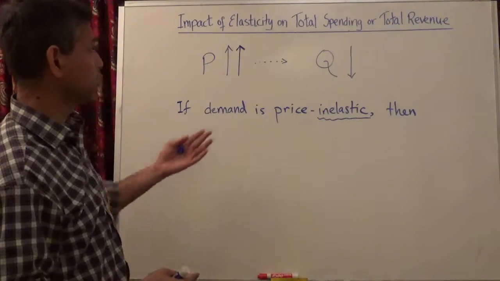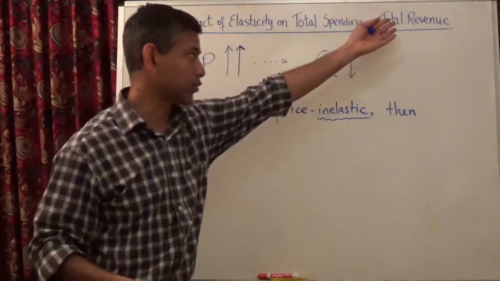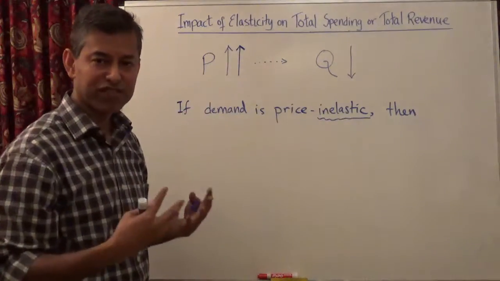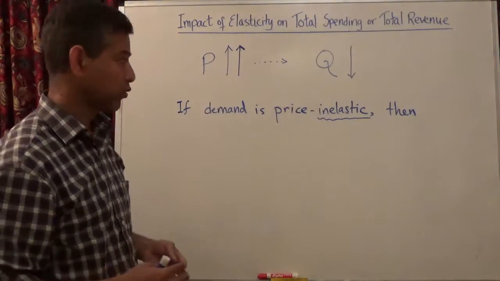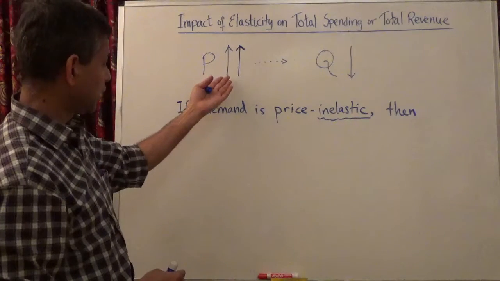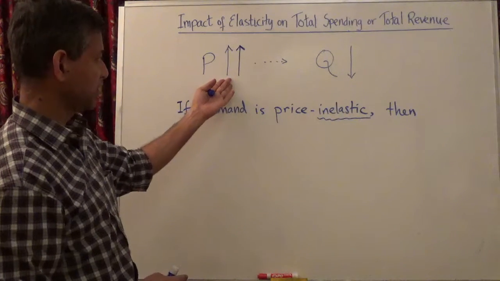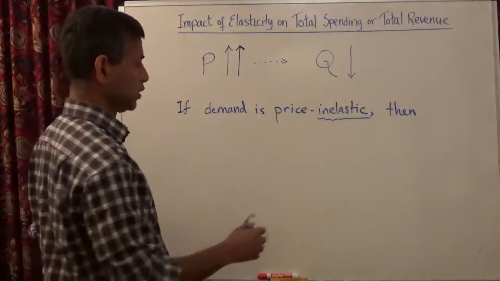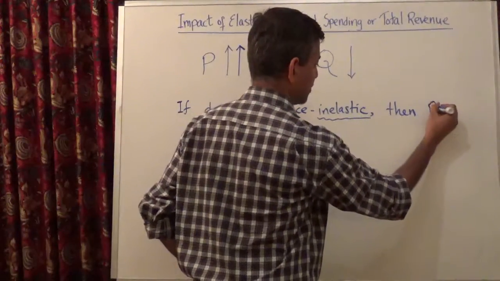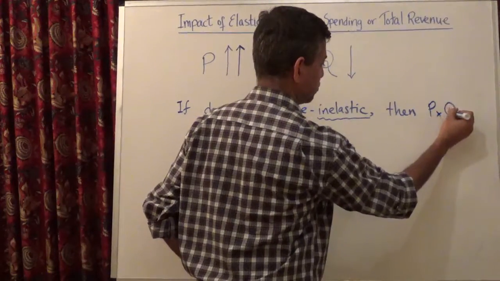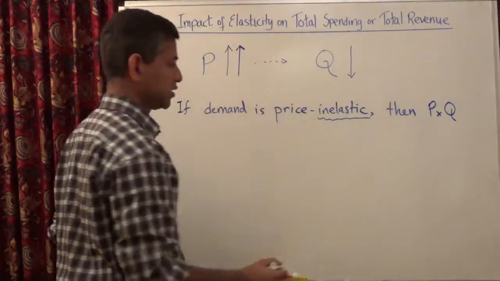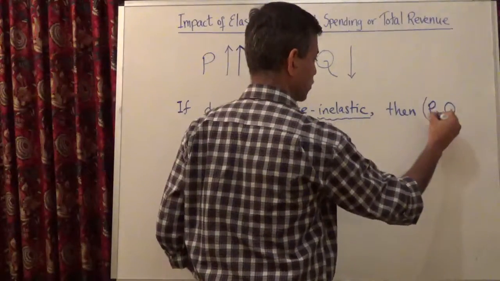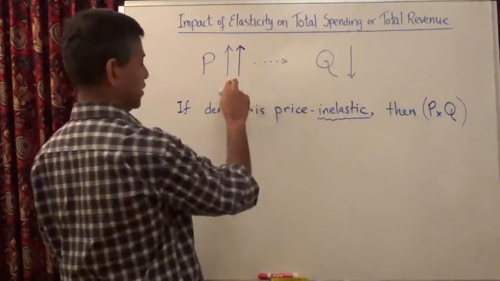And to predict what will happen to total spending, or from the store standpoint revenue, simply compare the size of the arrows, the force that's dominating. So the upward force from price is dominating the downward force from reduced quantity, and so we would conclude that price times quantity, so when you multiply price with quantity, you get the total spending or total revenue, and we would say that overall this would show an increase.